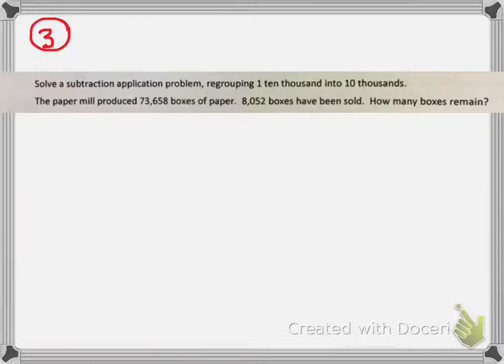The paper mill produced 73,658 boxes of paper. 8,052 boxes have been sold. How many boxes remain? So this is how many boxes of paper they had in total. This is how many boxes have been sold. We need to find out how many boxes remain. That's going to be our x.